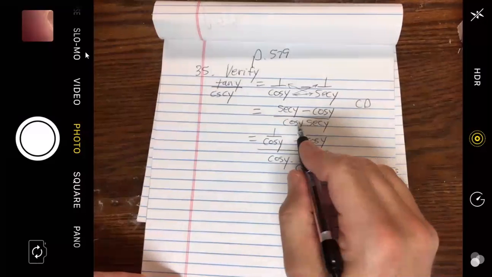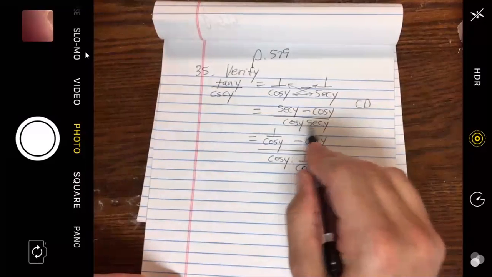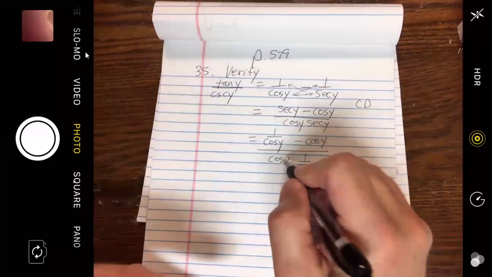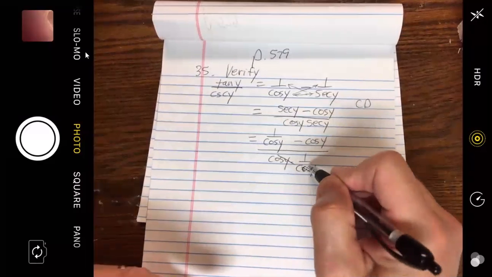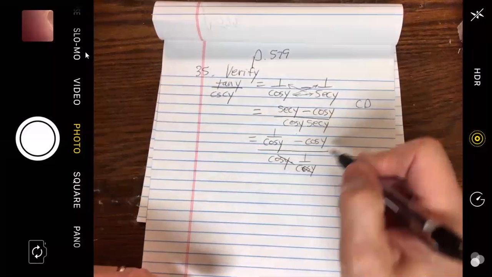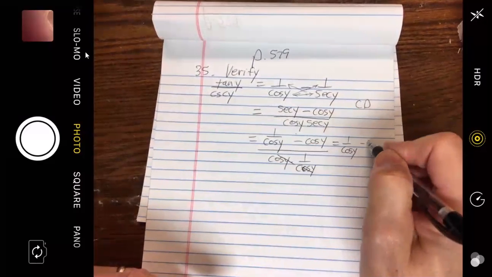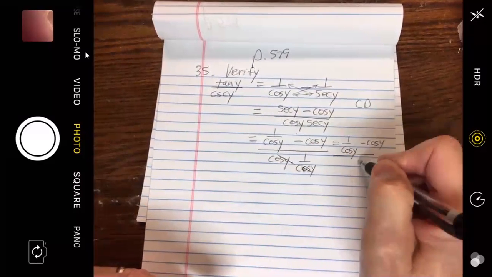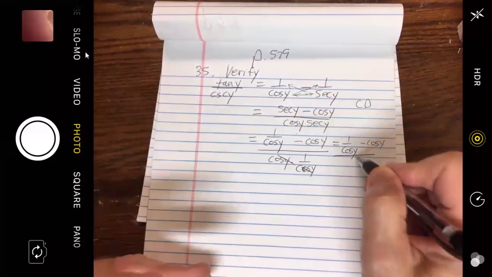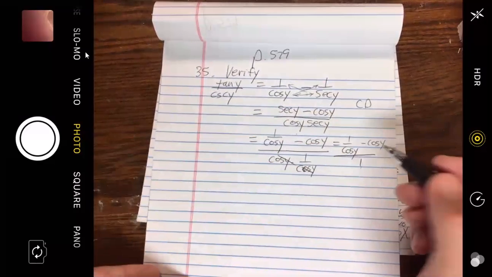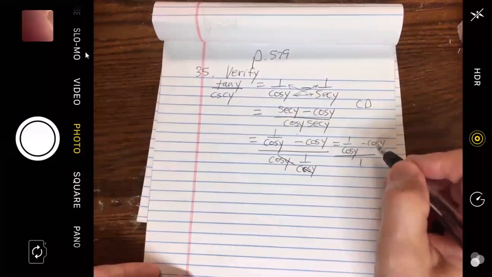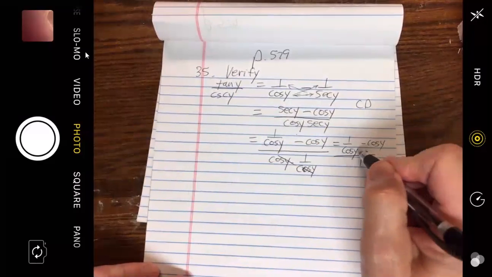And notice you see a cosine. Basically, you're multiplying something by its reciprocal. You should get 1, and you do. So your bottom is just 1 here. Dividing this by 1 over cosine y, and you're dividing by 1, that doesn't change any of this. You can drop the 1. So now I want a common denominator with this. I'm moving this over here, and I'm going to move that up.